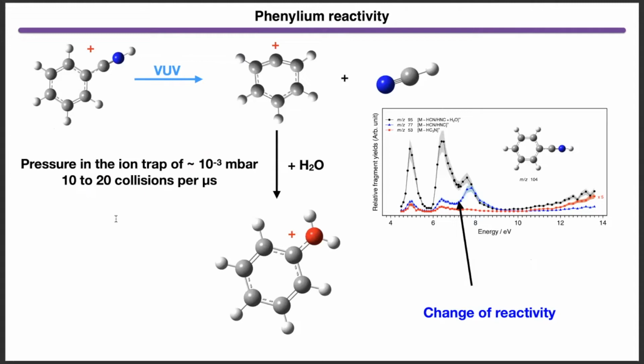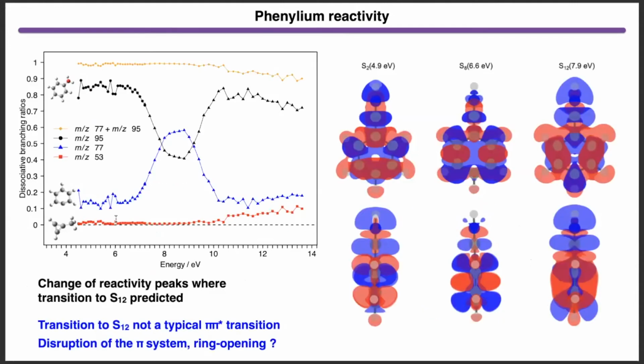One way of seeing it more clearly is just to plot them. So you can see here 77 in blue and 95 in black. And what is funny is a resonance-shaped thing. You really have this change of reactivity peaking where the transition toward this S12 state is.